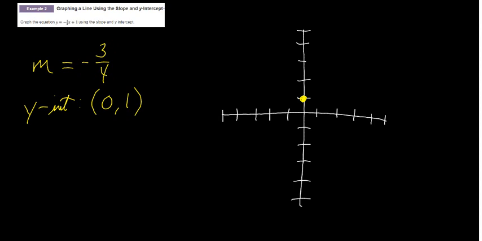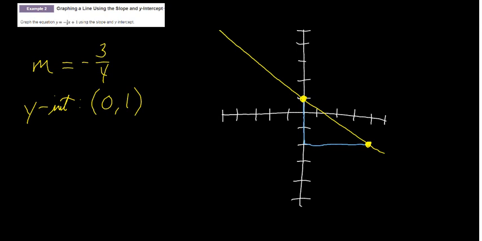So very briefly, we go down 3, 1, 2, 3, and then we're going to be running 4 units, 1, 2, 3, 4. So the other point is going to be right here, and then all we do is simply connect the dots. Well, that's actually not terrible.